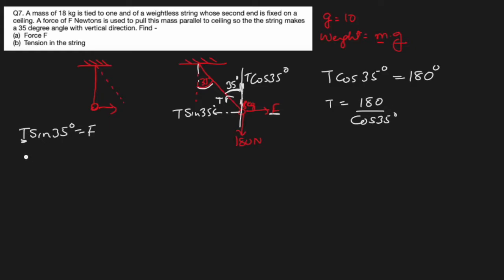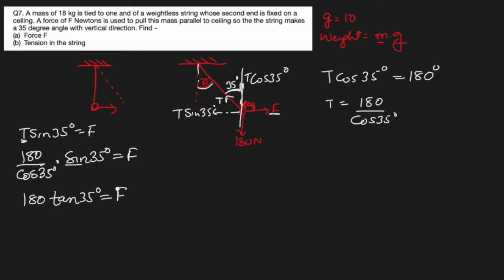That we can write here. So 180 divided by cos 35 degrees multiplied by sin 35 degrees equals F. Sin over cos is tan, so 180 tan 35 degrees is the value of F. Just put this in a calculator. What I'm getting is 126.036.